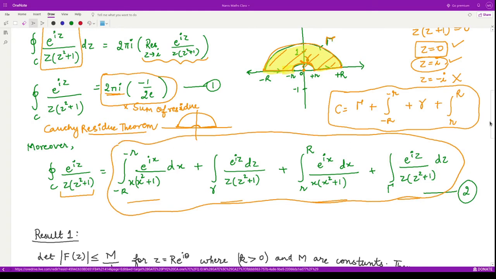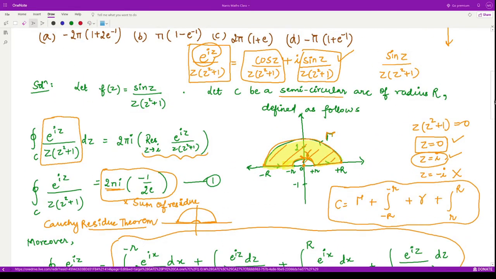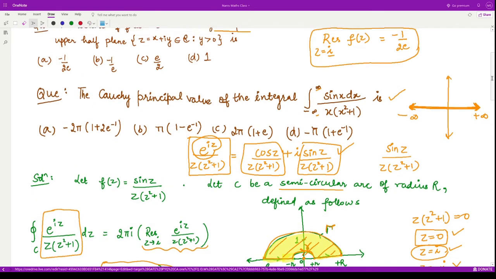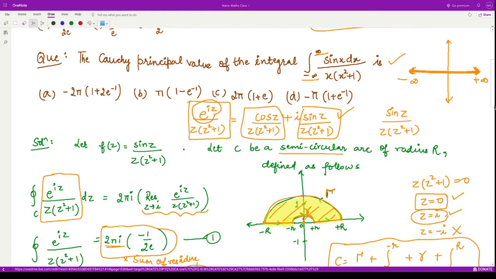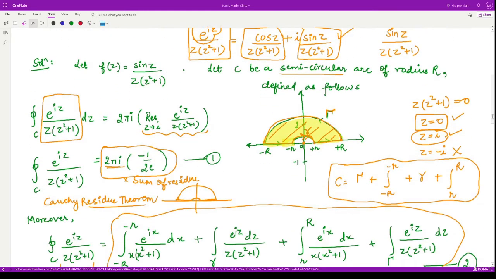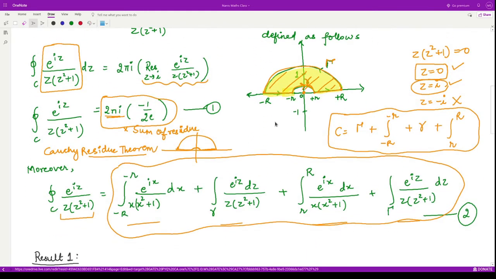Now you must be thinking that in the question we were asked to evaluate this particular integral from the limits minus infinity to plus infinity, and we do not have any such limits here in equations 1 and 2.